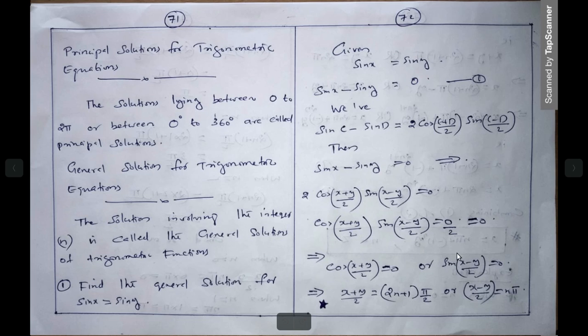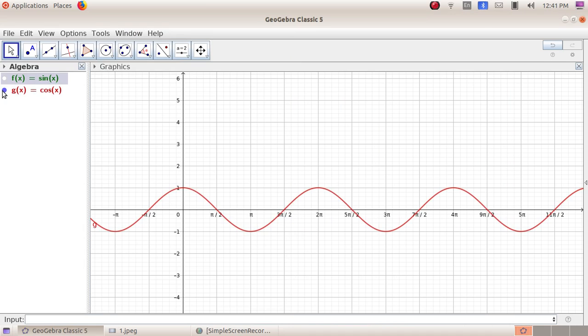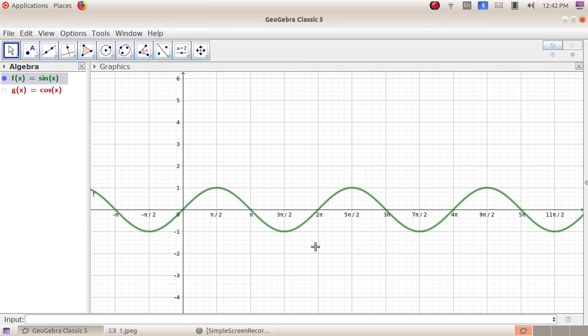Similarly, if sin((x−y)/2) equal to 0, what happens? Or sin theta equal to 0. So look at the graph of sin x. This is the graph of sin x. This graph meets the x-axis at π, 2π, 3π, 4π, 5π, etc. That is, sorry, even multiples of π: π, 2π, 3π.